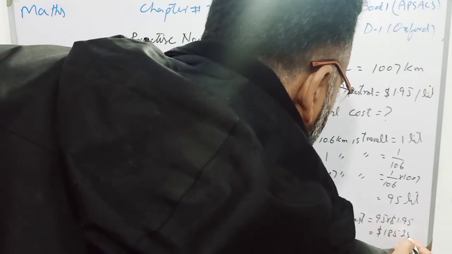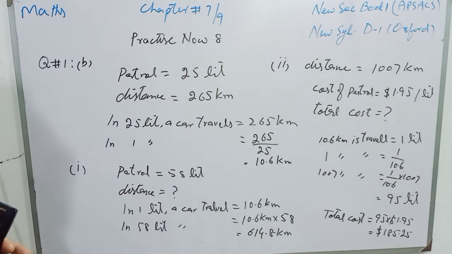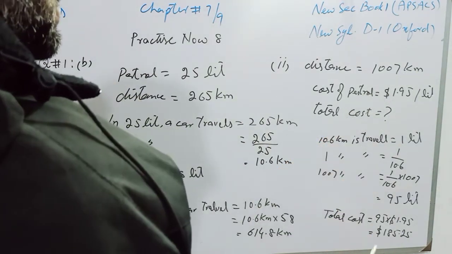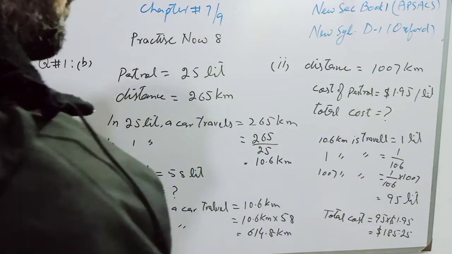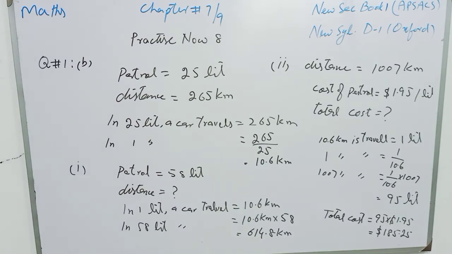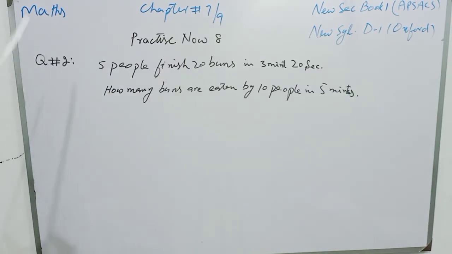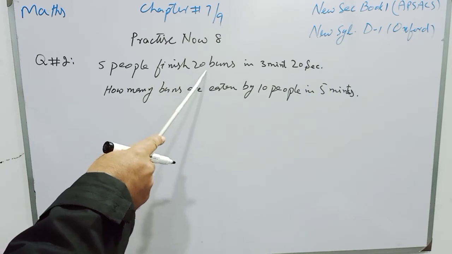So students, for traveling 1007 kilometers, the cost for the petrol will be $185.25.